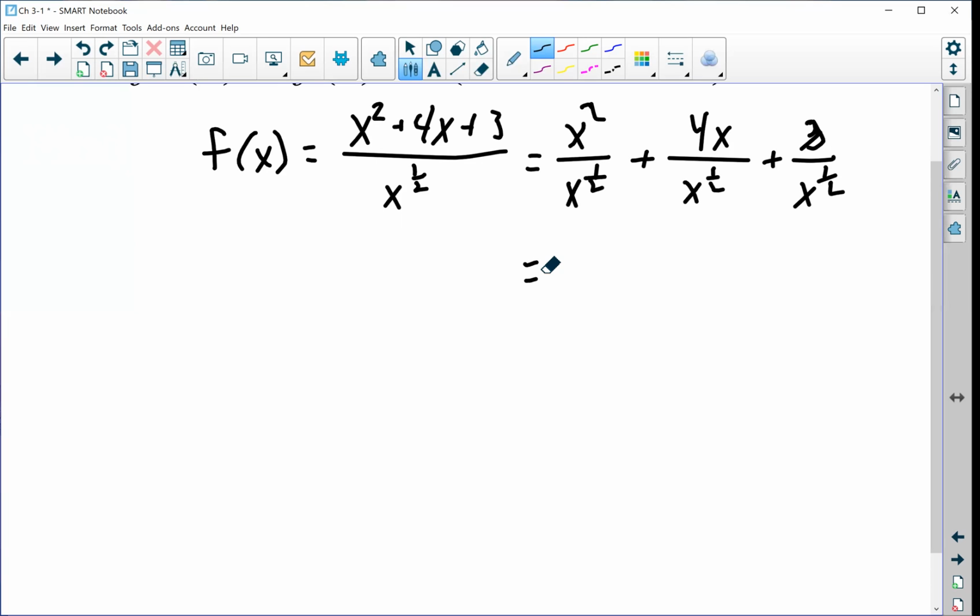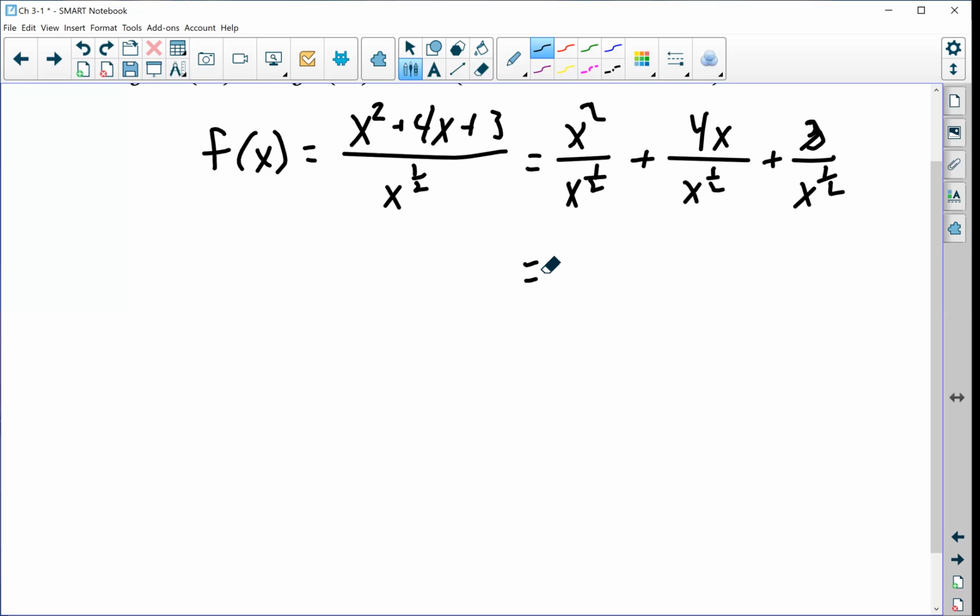And then simplify, if I can, each fraction. How do I simplify those powers? Give you a hint. It starts with sub and ends with tract. So I can subtract my exponents.